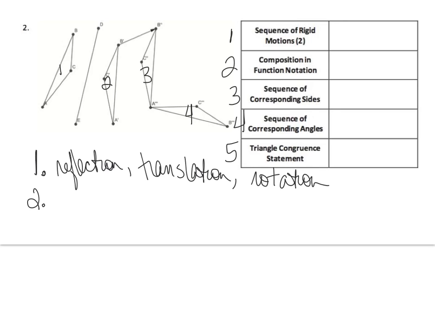Number 2, the composition and function notation. So going from the inside out, we're going to start out with that reflection. So our reflection is a small r over line ED, or segment DE, of triangle ABC.